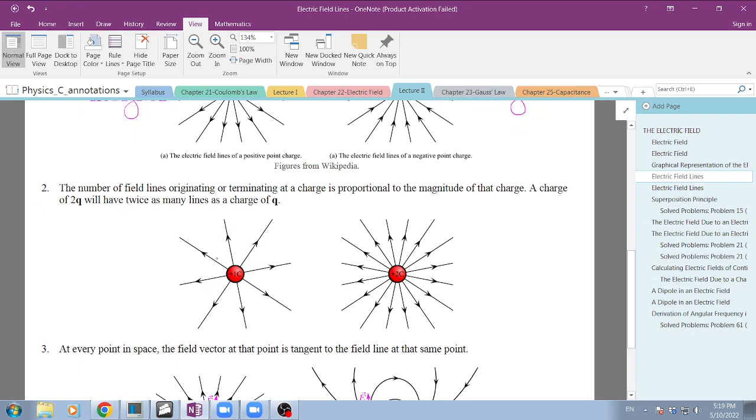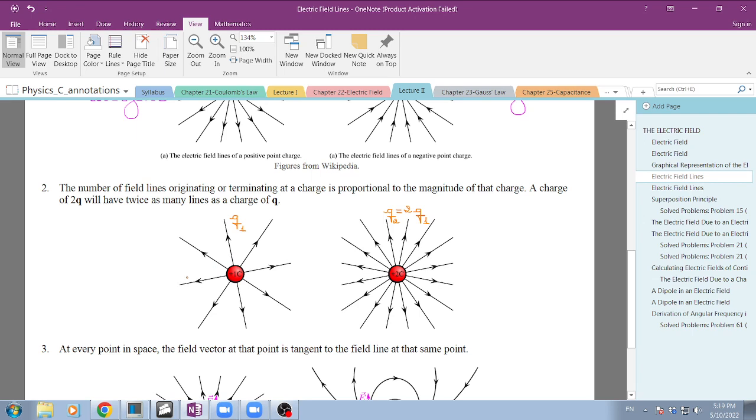Going back to this rule, that means that the number of field lines is proportional to the charge. For example, if I call this Q1 and this Q2, this Q2 is double, twice the charge of Q1, and that means that the number of lines is going to double too.